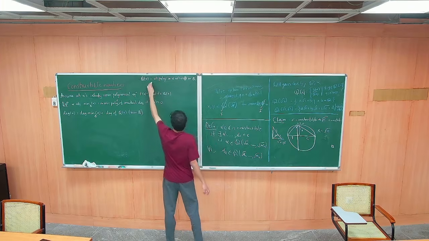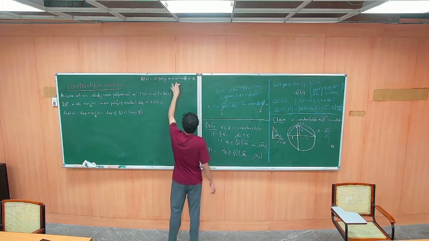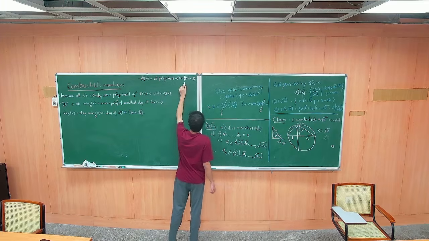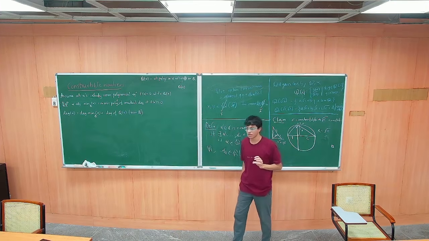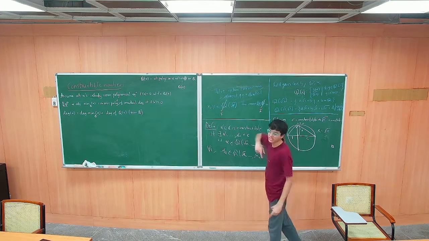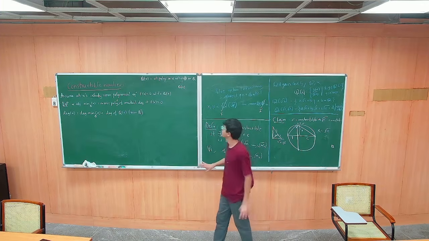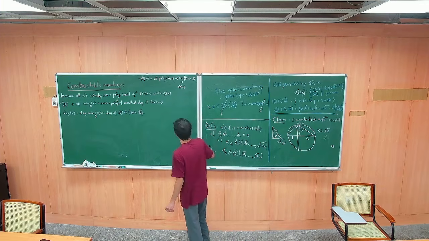Symbolically, all polynomials in alpha with coefficients in Q you write as Q[alpha], and Q(alpha) is all the rational functions in alpha, which is a polynomial in alpha divided by a polynomial in alpha.